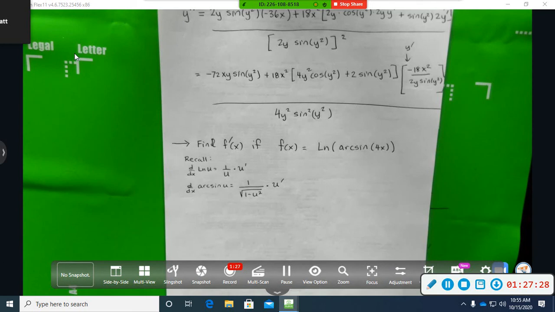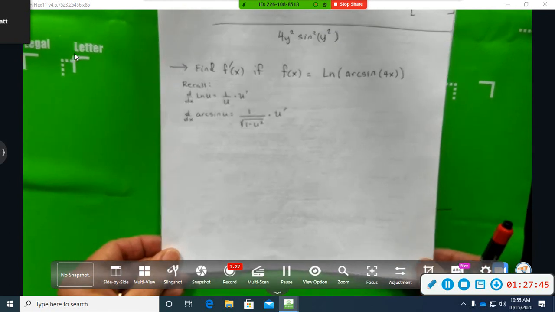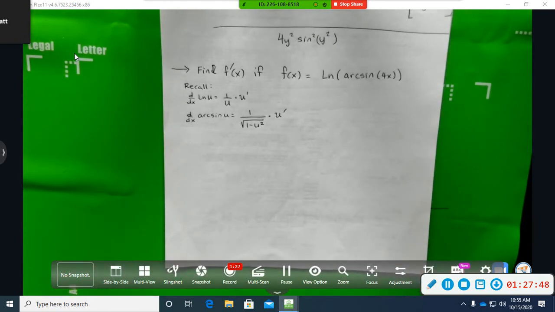You're going to use both of those when you find the derivative here. So don't worry about simplifying.